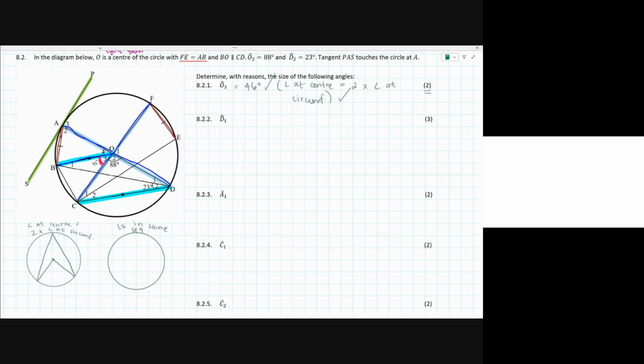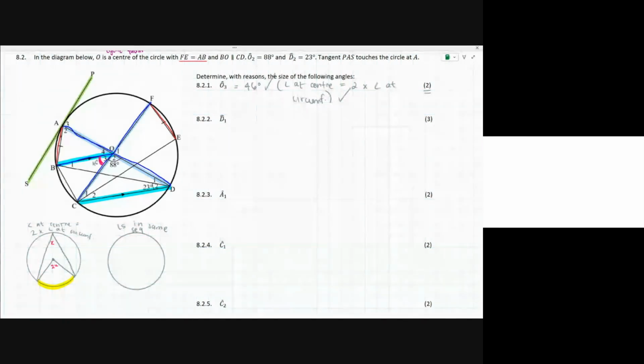So when I say common chord, this chord or segment, actually, it doesn't really matter. That segment of my circle subtends an angle both at the center and the circumference. So I always think of it, if I took my fingers and I went from the same points, can I get an angle at the center? Can I get an angle at the circumference? So that's what that says.